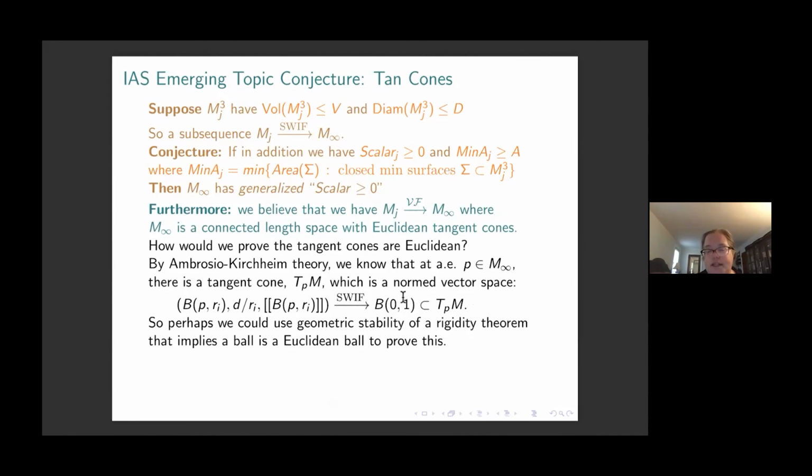If we show that this tangent space satisfies the qualities of the rigidity theorem that shows it's flat, that would be enough to show that this is a Euclidean ball. So those rigidity theorems that I stated that imply that something is a flat ball or a flat torus, so a ball inside it is flat, those could be used to help with this step of getting Euclidean tangent cones.